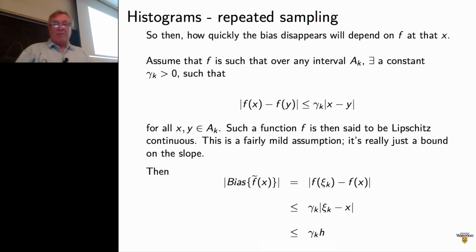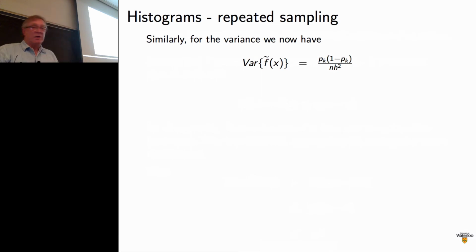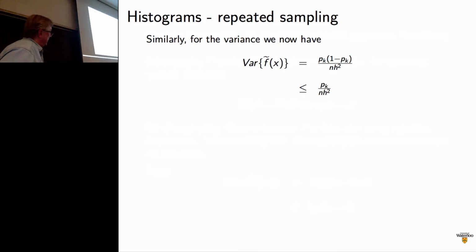Okay, so we've got that bounded, and therefore we know that we can let that thing go to 0, and the bias is going to go to 0. Similarly, for the variance, we can play much the same kind of games, very simple mathematics. I've got pk over nh squared being multiplied by 1 minus pk.